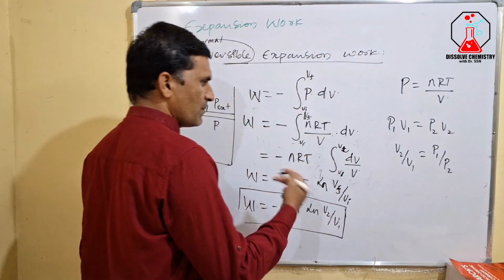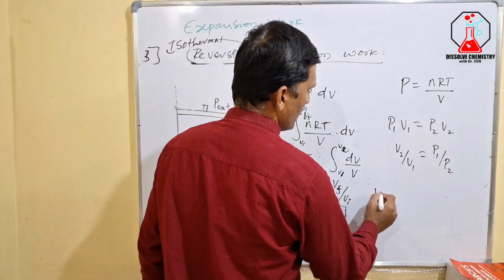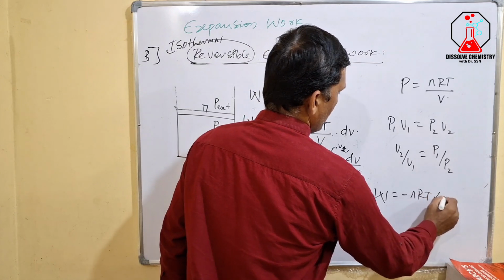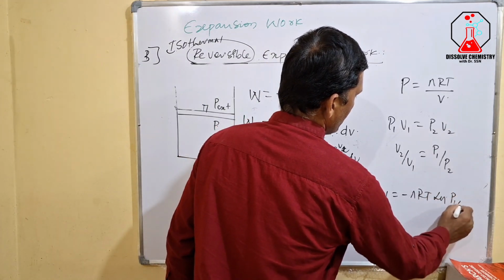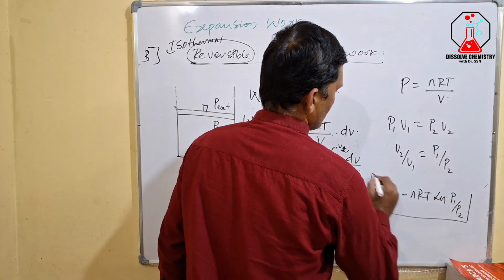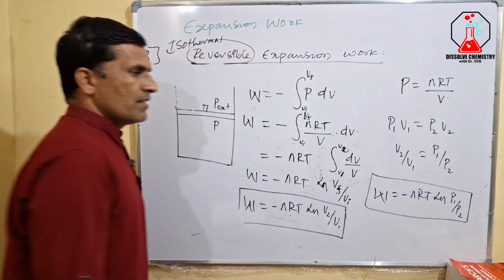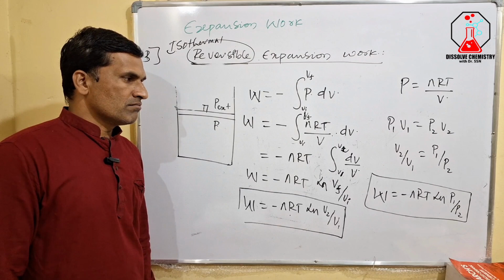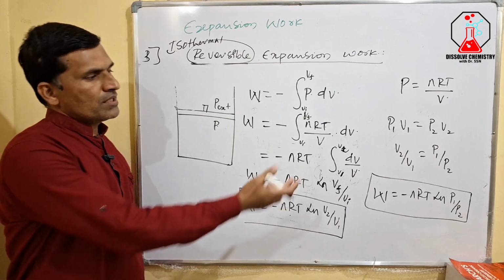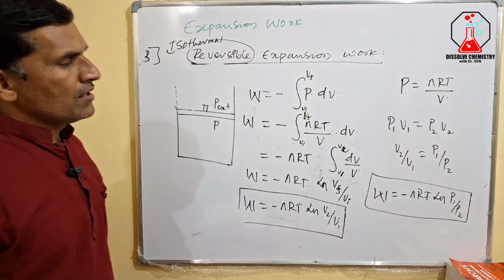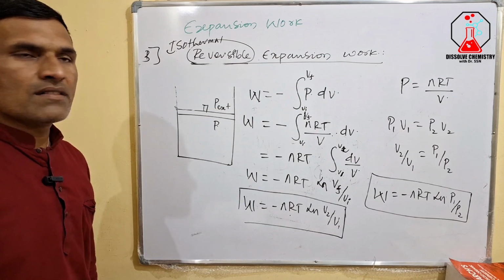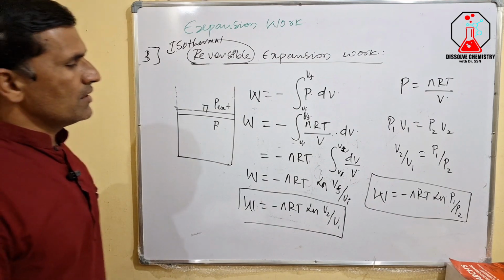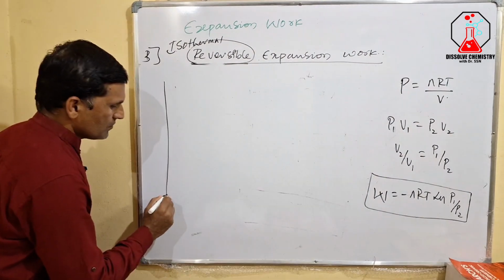Therefore we can express the same equation as W is equal to minus nRT ln P1 by P2. When the change in pressure is given in problems, we can use this equation. Now how will we represent this isothermal reversible expansion graphically? That we will see.